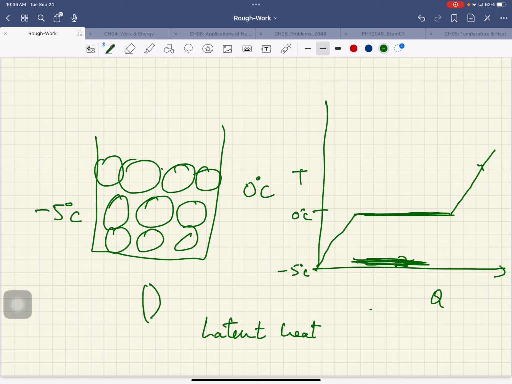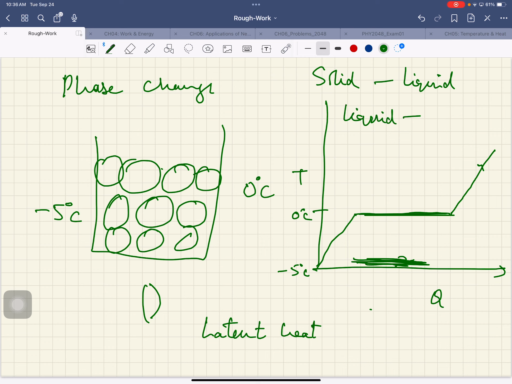Okay, so when phase change happens, you want to understand this. When phase change happens, from solid to liquid, or from liquid to gas, you're adding heat, which is called latent heat, which is not raising the temperature. It's breaking those bonds.